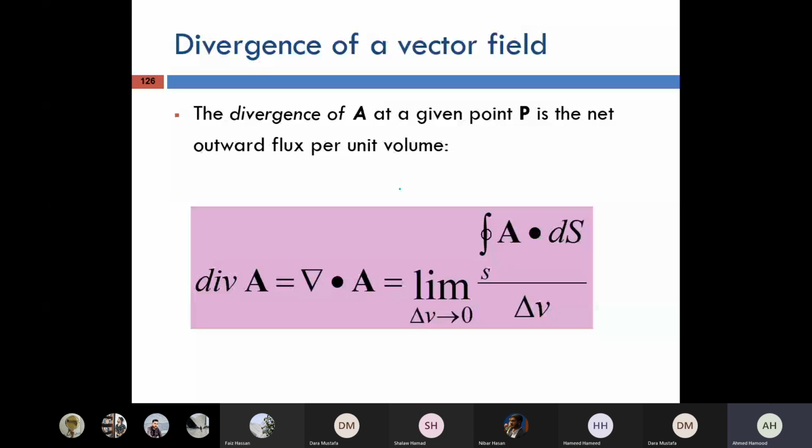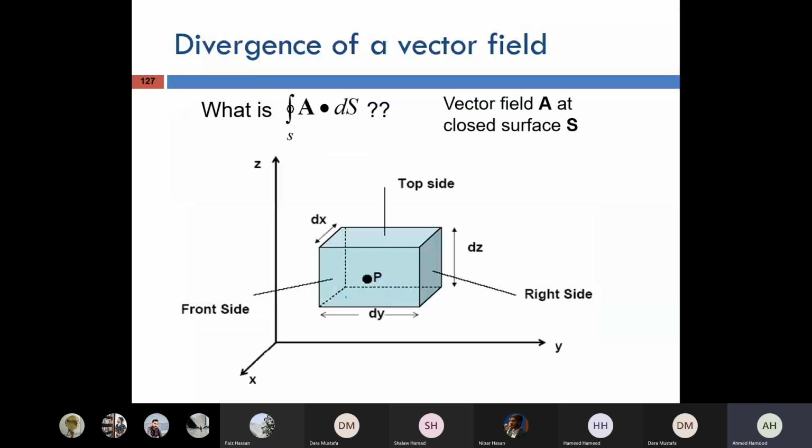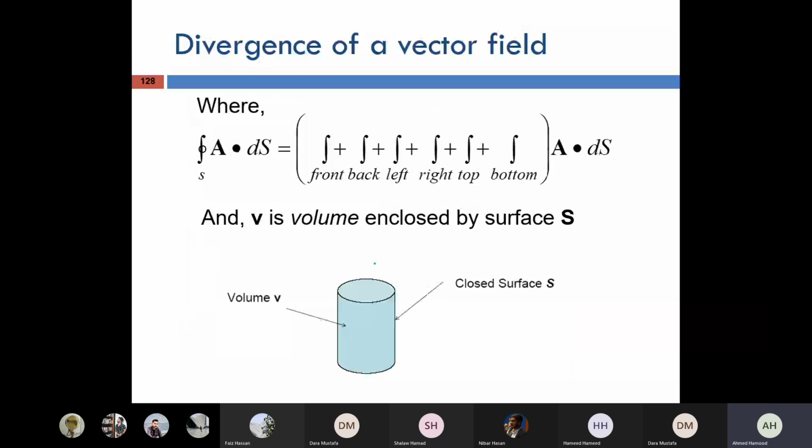Okay, so we can see that the divergence is del dot A, which we already know how to calculate, and we already see that the divergence could be equal to all the integrations front, back, left, right, top, bottom.